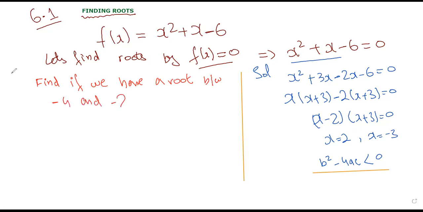So in this case, you would come across this type of a question. Now, obviously, this is correct, but in our example, we need to find a root between minus 4 and minus 2. We don't have to find a root. We basically have to tell if there would be a root or not. Do you understand the question now?